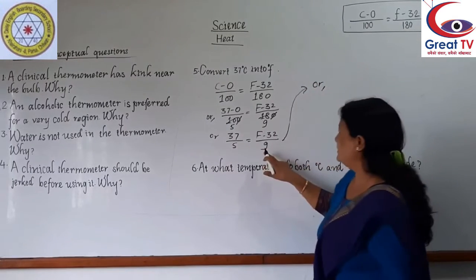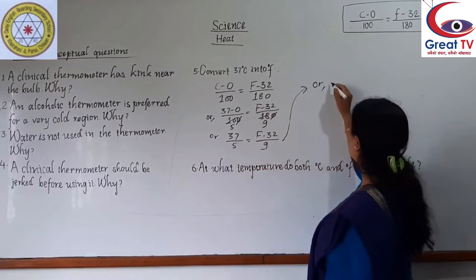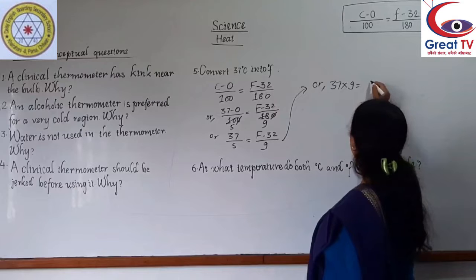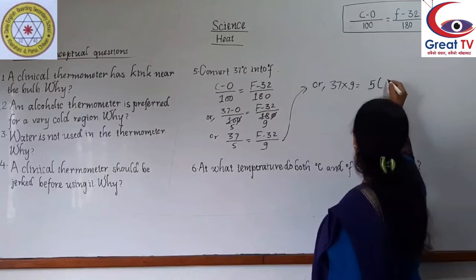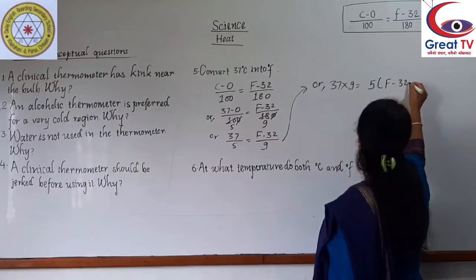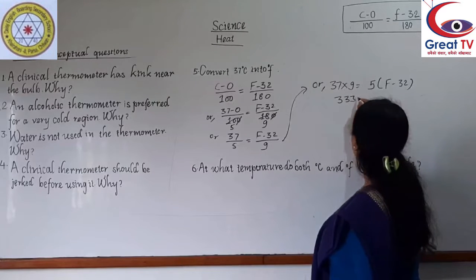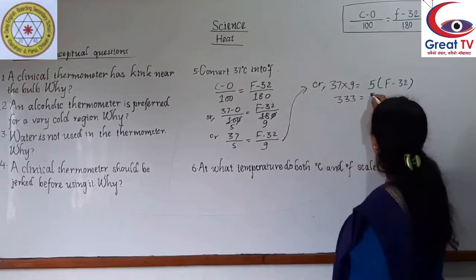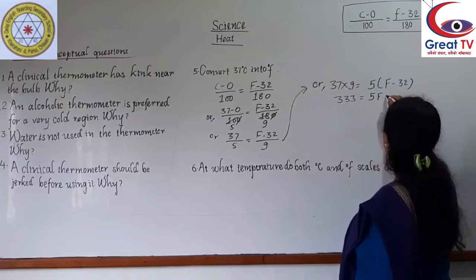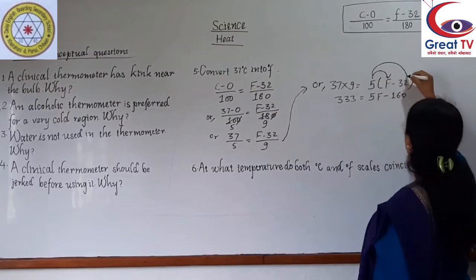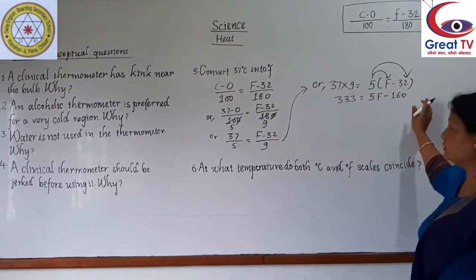By cross multiplying, 9 into 37 is equal to 5 multiplied by (F minus 32). Or 333 is equal to 5F minus 160. Multiply 5 here and 5 by 32.